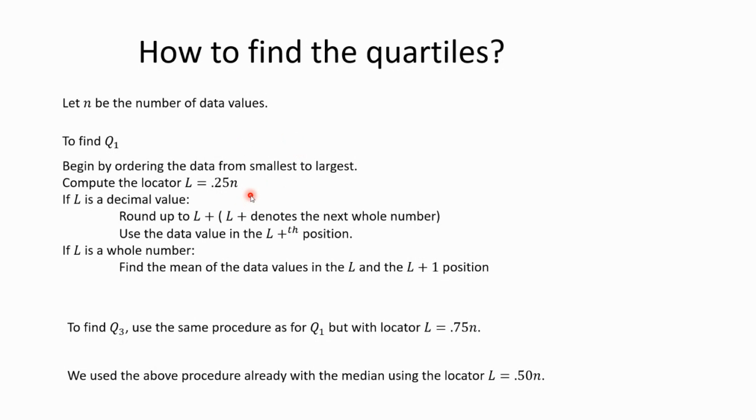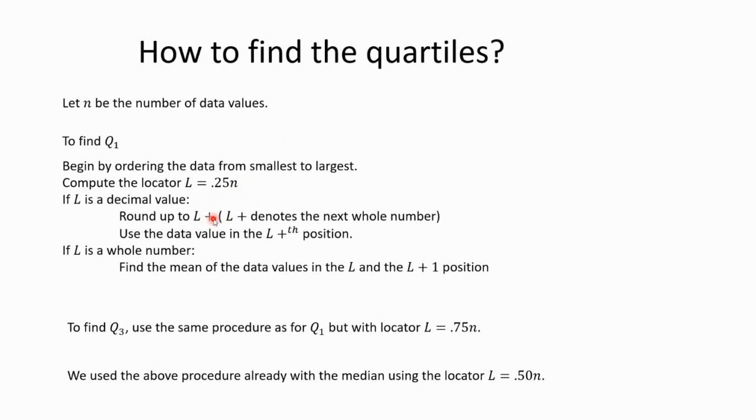If you had 5.1, you would round up to 6. This is notation that the book is using for rounding up to the next whole number. I haven't seen this notation in other places, but that doesn't mean it's not used.